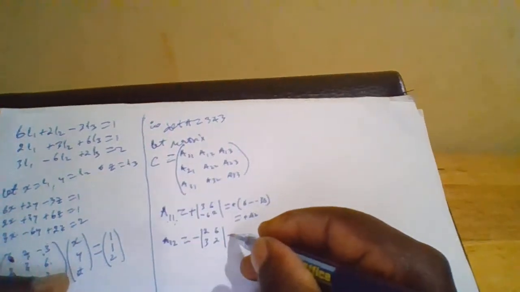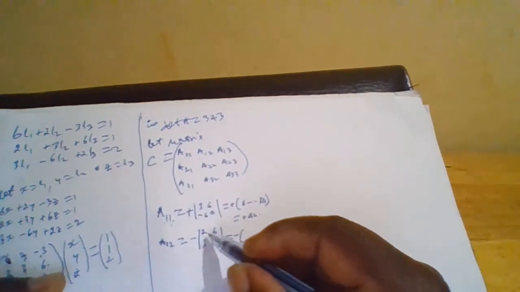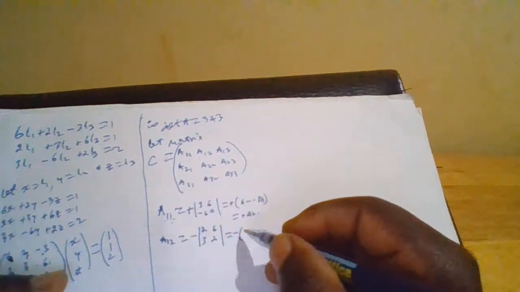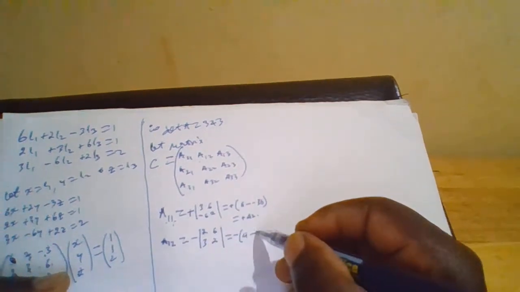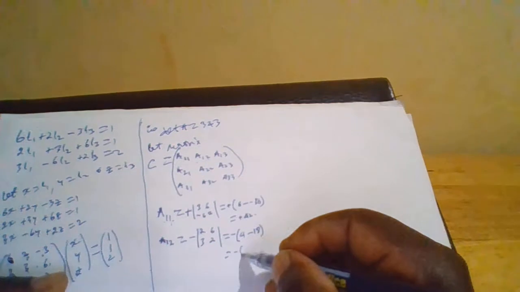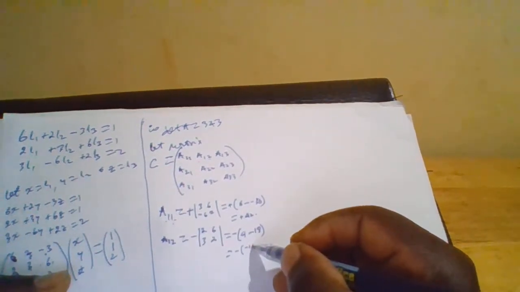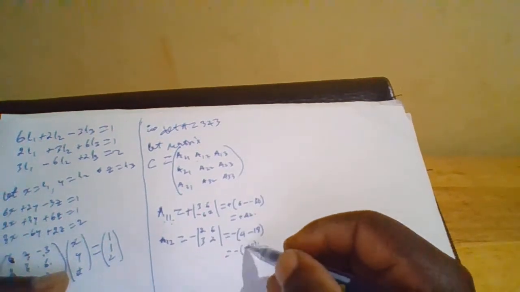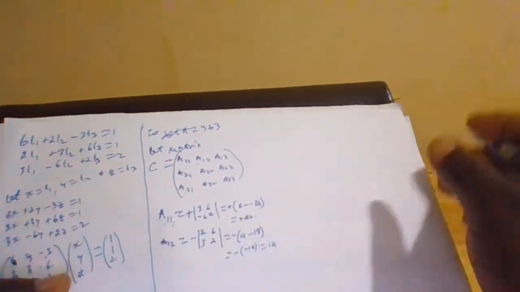So this equals minus 3 times 2 times 2, we have 4, minus 3 times 6, we have 18. So this equals minus 4 minus 18, we have minus 14. Minus and minus is positive, so this equals 14.